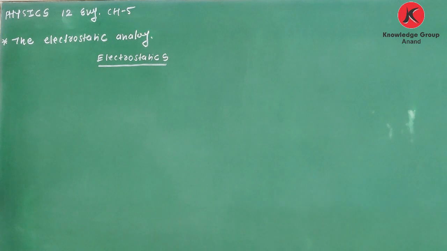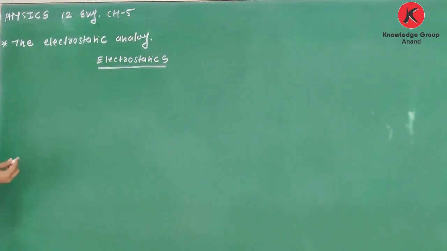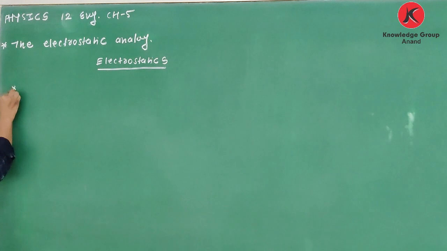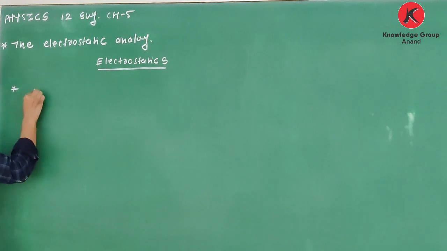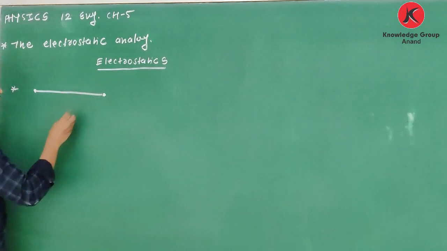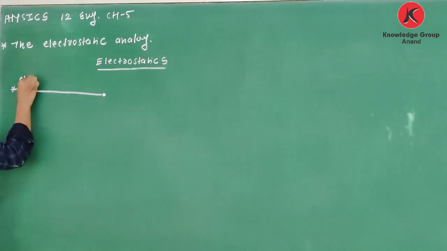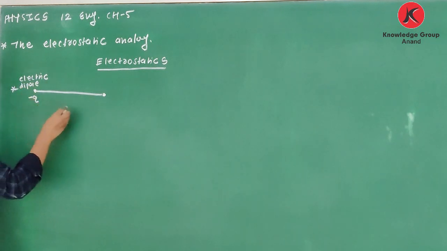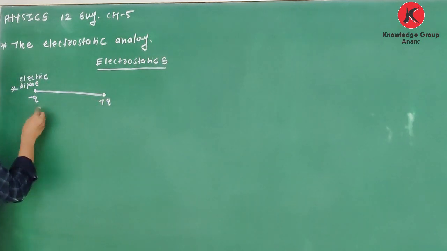In electrostatics, with the help of one dipole, we will understand this. If it is an electric dipole, it has a negative Q charge and a positive Q charge.